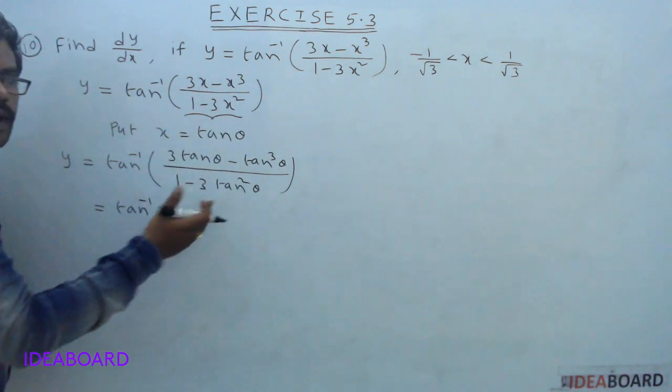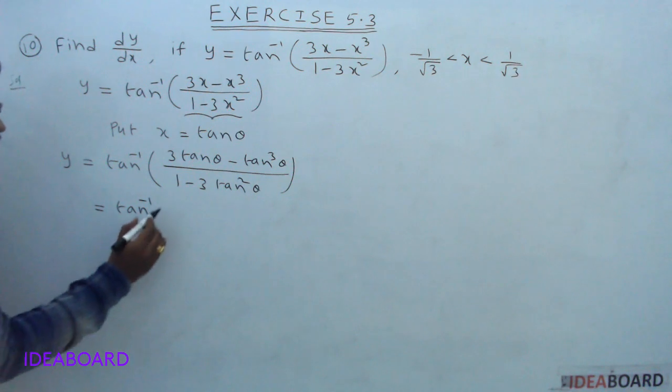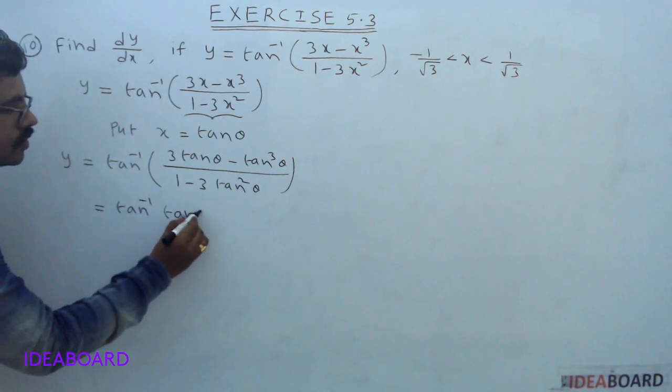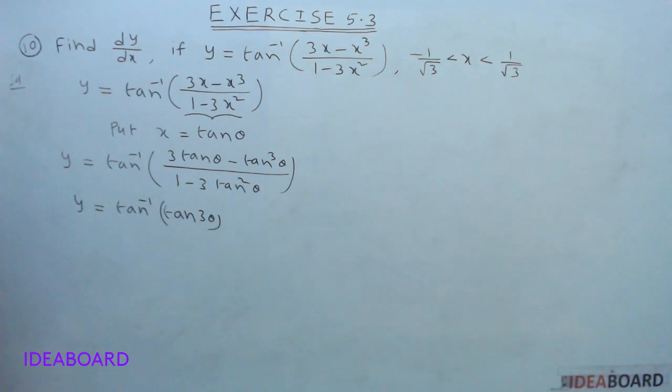Now this is the formula for tan 3 theta. So instead of this expression, you can write down tan 3 theta. So y equals tan inverse of tan 3 theta.